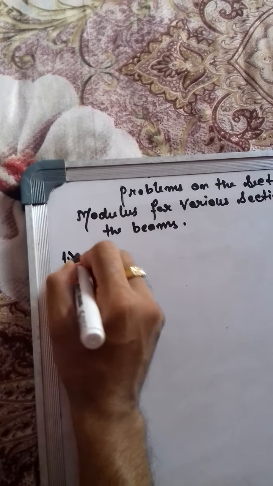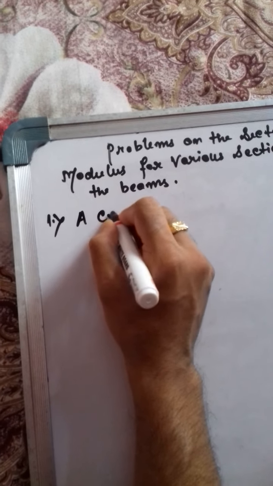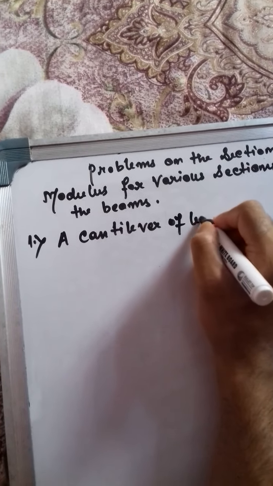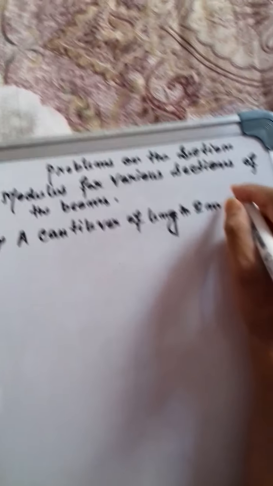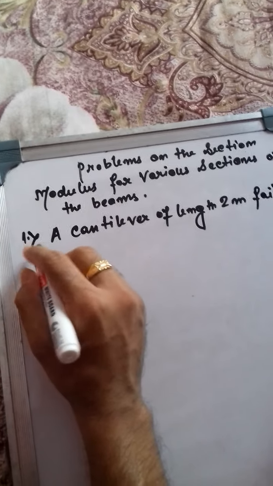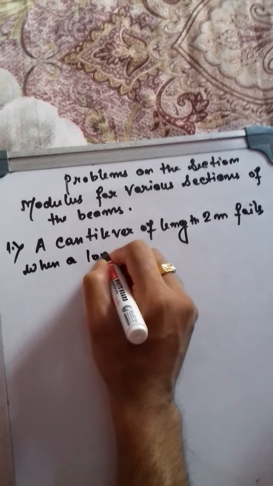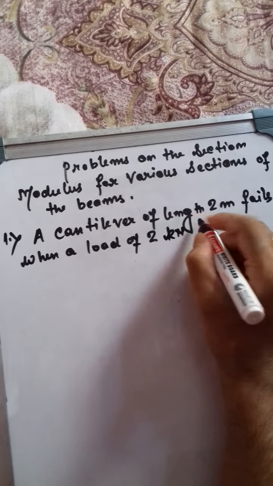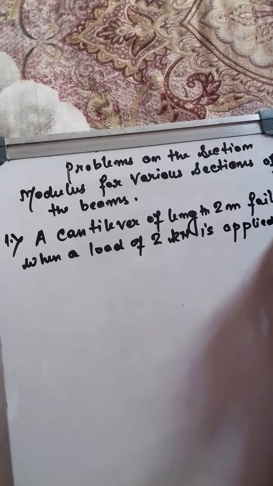Okay. So let us see a typical problem. A cantilever of length 2 meter fails when a load of 2 kilonewton is applied at the free end.